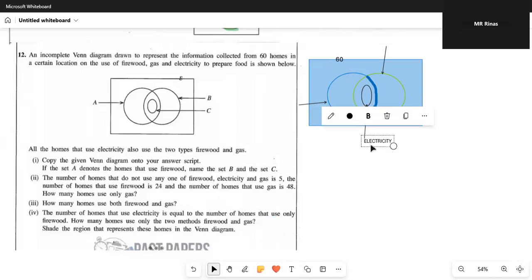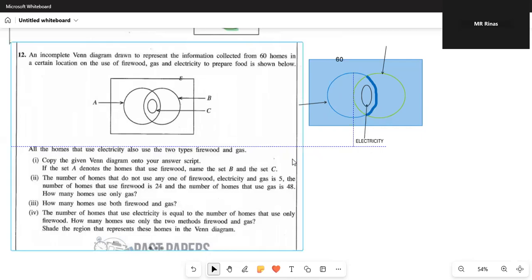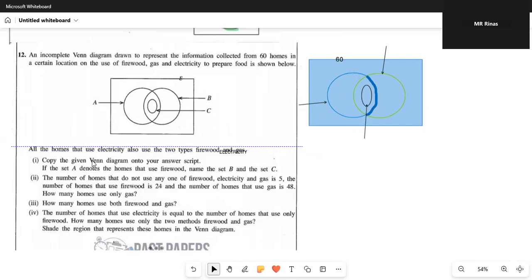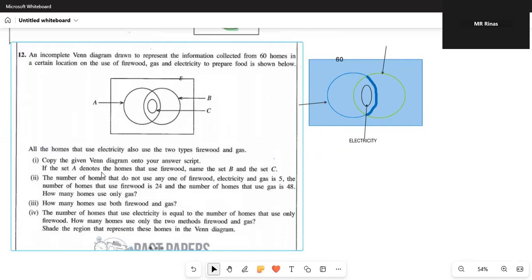Next one is, and then you have to copy this. If the set A denotes the homes that use firewood. So A, they are using only firewood.